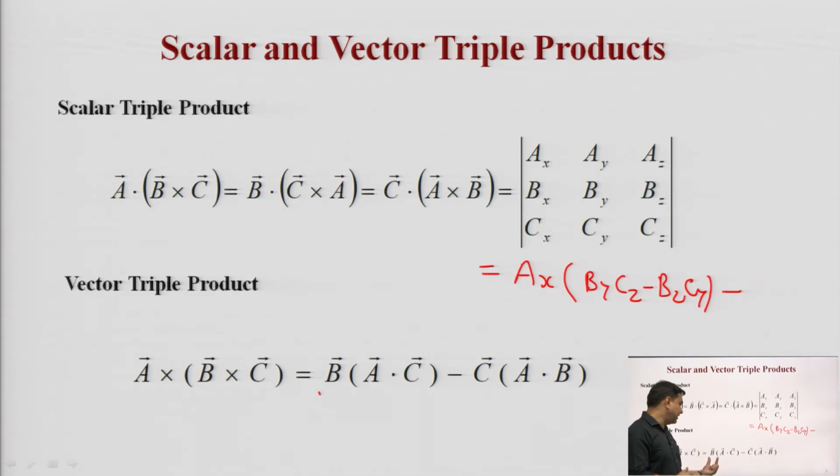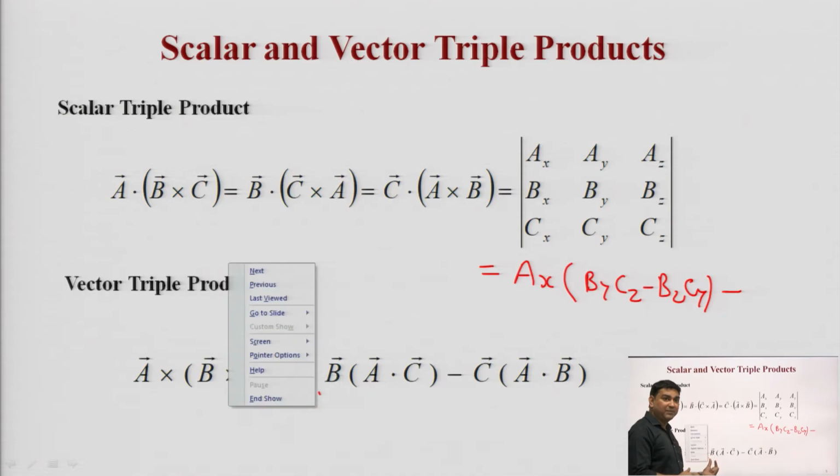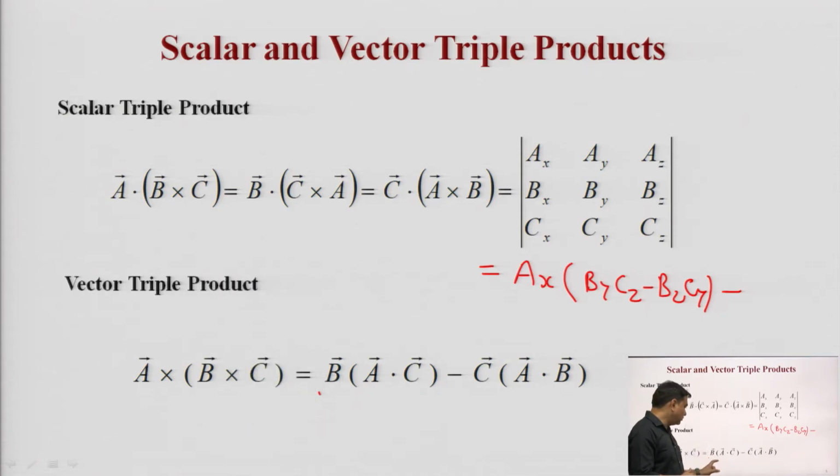It says that B into A dot C minus C A dot B.